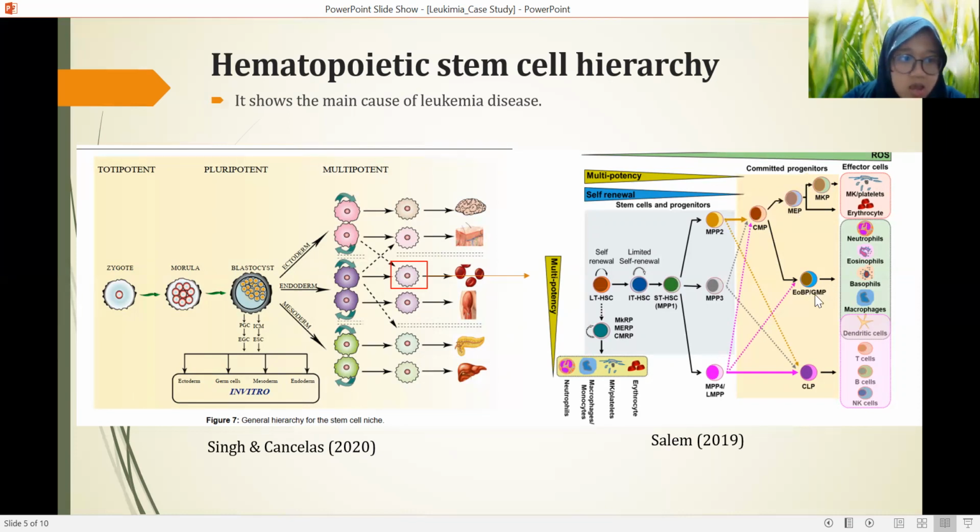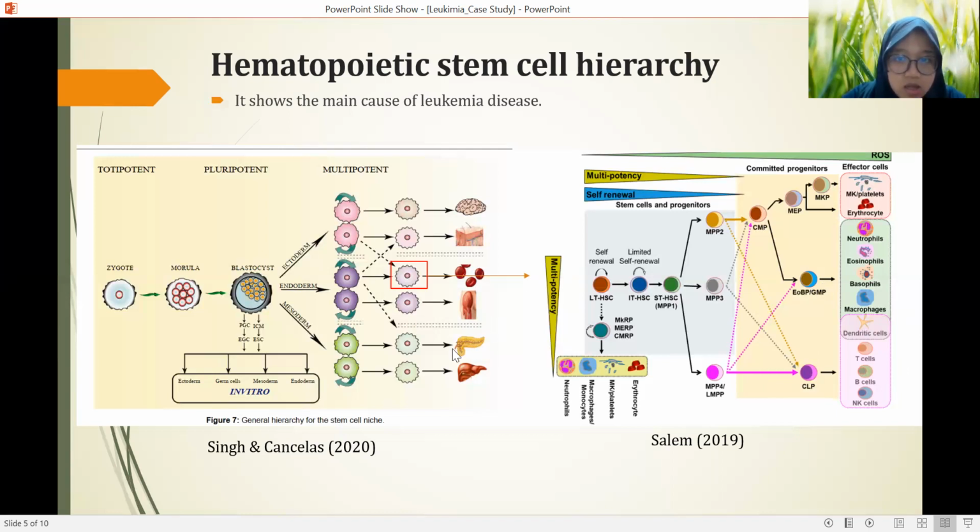This is the GMP stage. And then MPP4 primarily differentiates into the common lymphoid progenitors or CLP, followed by the forming of T cells, B cells, and NK cells. These are the immunology cells.